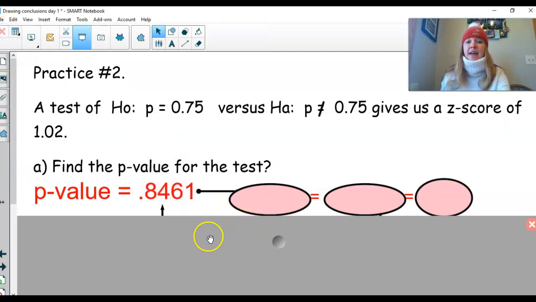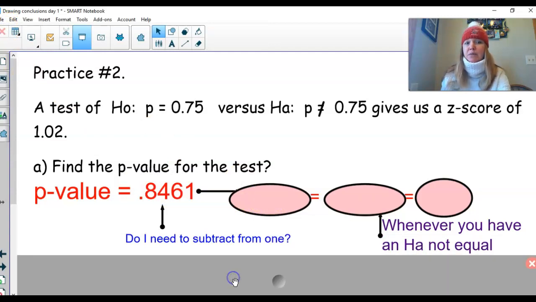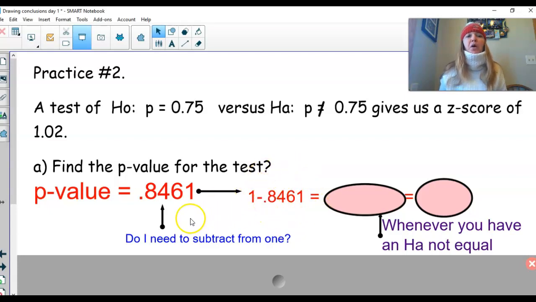Okay, next I need to decide, do I need to subtract this from 1? And the way I instructed you, and there's other ways you can think about it as well, is I said, when you have a not equals, look at your z-score. If your z-score is a positive z-score, you need to subtract from 1. Okay, so we're going to do that now. So again, just to repeat in case you didn't hear me, when it's a not equals, I find that p-value based off the z-score.